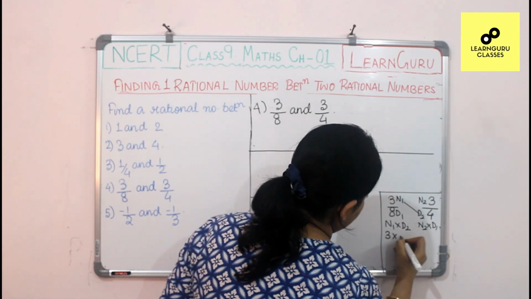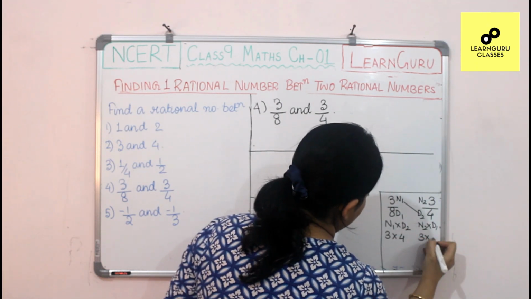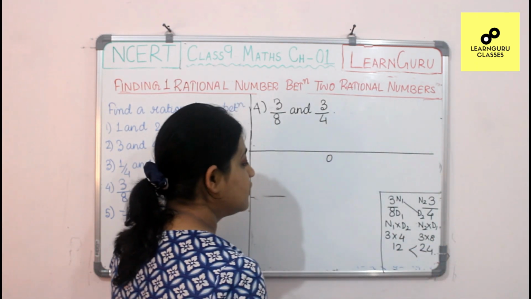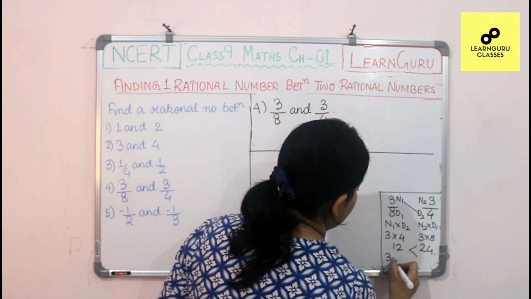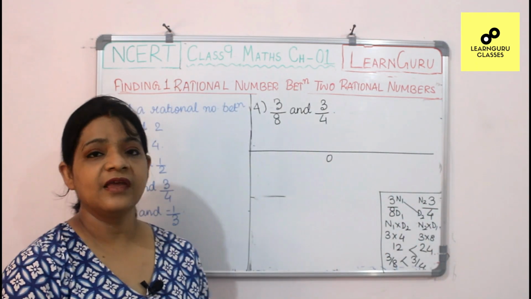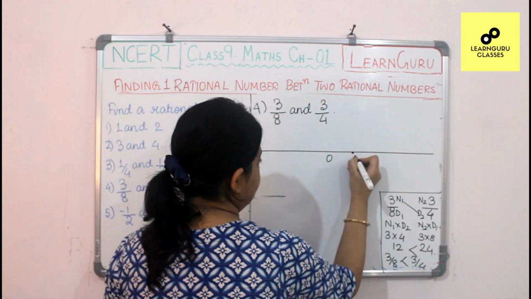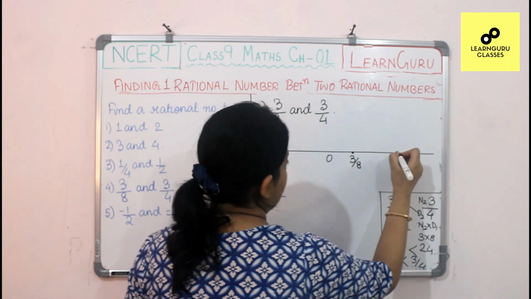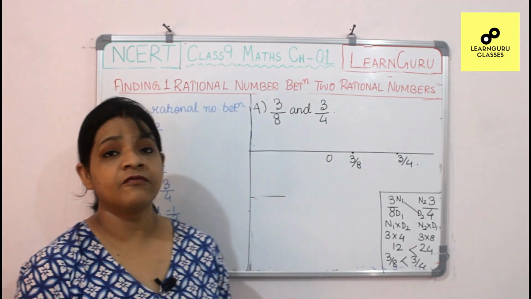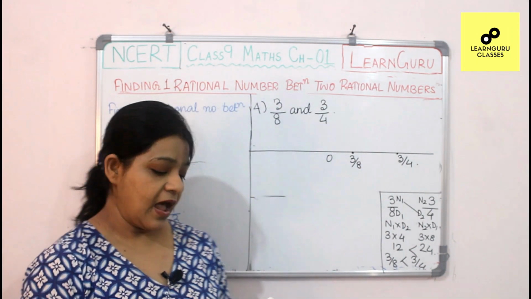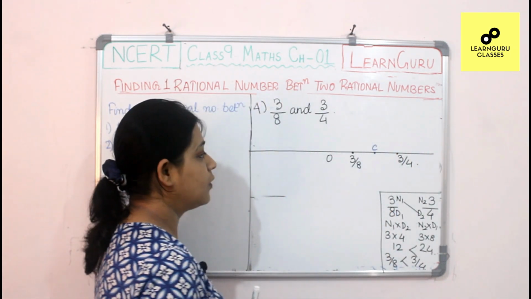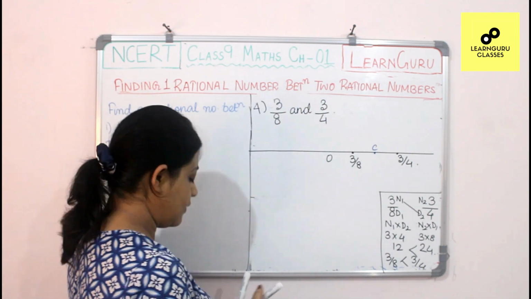So, 3 into 4 and 3 into 8, that is 12 and 24. So 12 is less than 24, that means 3 by 8 is less than 3 by 4. So where will you place it? 3 by 8 I will be placing here, and 3 by 4 I will be placing to the right of 3 by 8. And your midpoint will be somewhere here. Okay. So, what is the mean value?